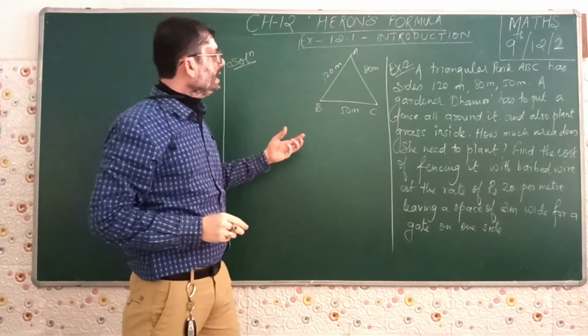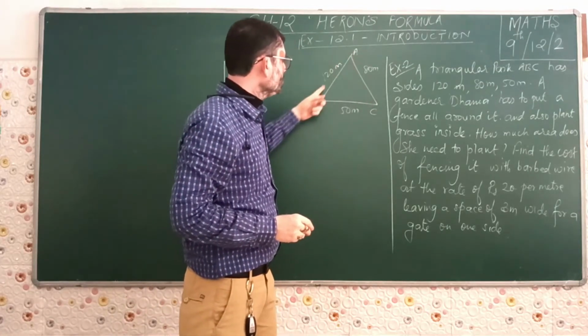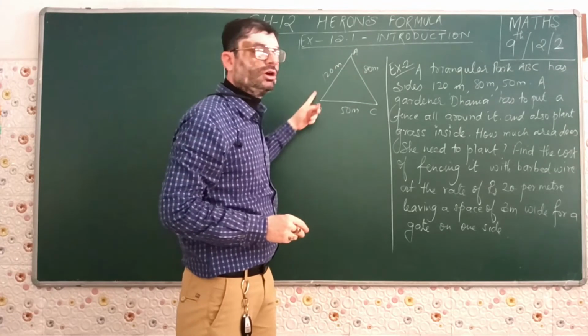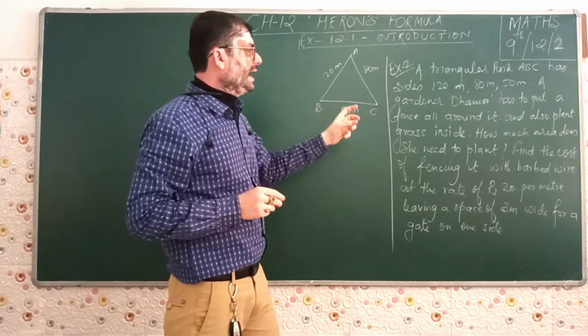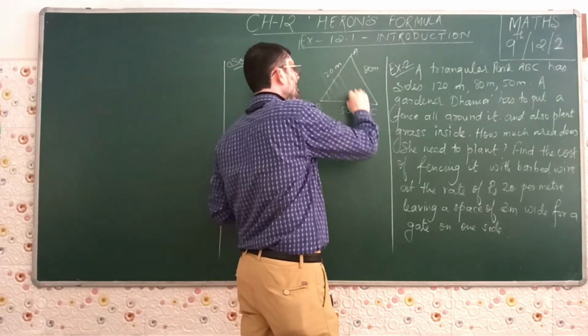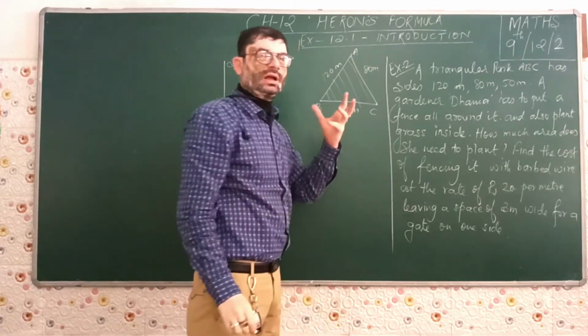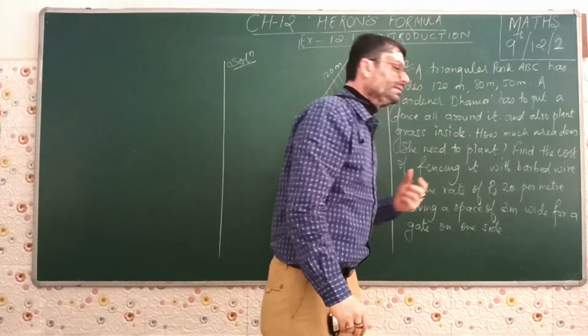The gardener has to fence, which means she will have to move across the boundary. The fencing is always done on the boundary, and moreover Dhanya has to plant grass inside. So she will have to plant the grass inside that triangular part. How much area does she need to plant?